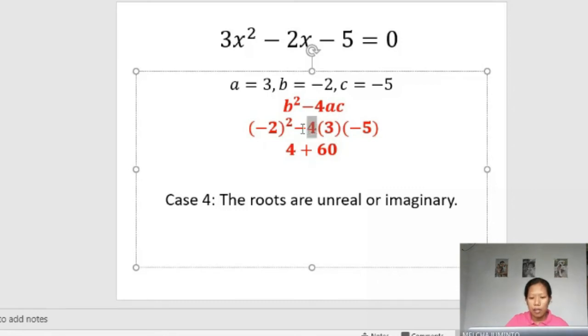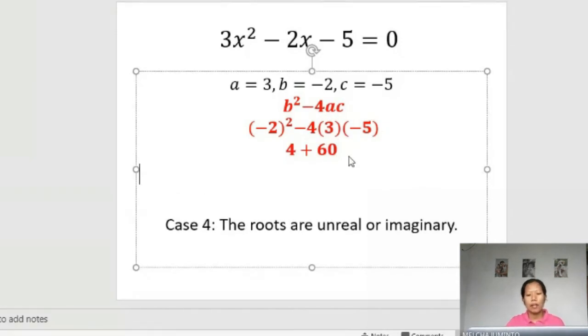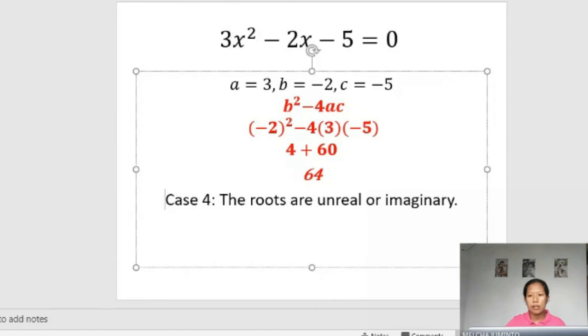Or you can simply take a look at the two numbers. Both of them are negative, so we expect that the product is positive because we are multiplying two negative numbers, -60 and then a positive 60. And then finally, we need to add 60 and 4. The result is 64.